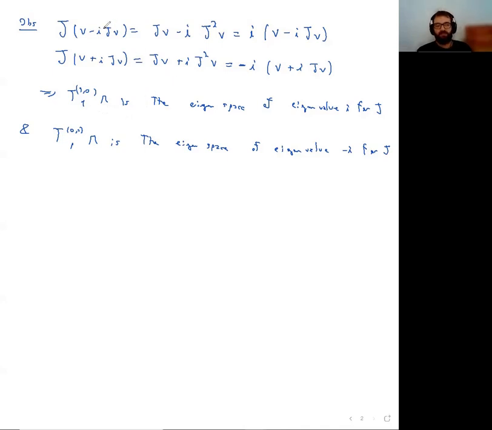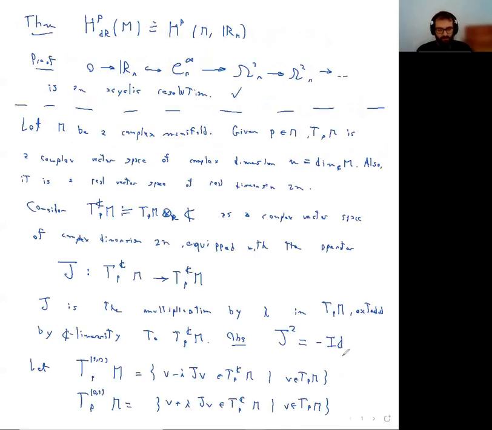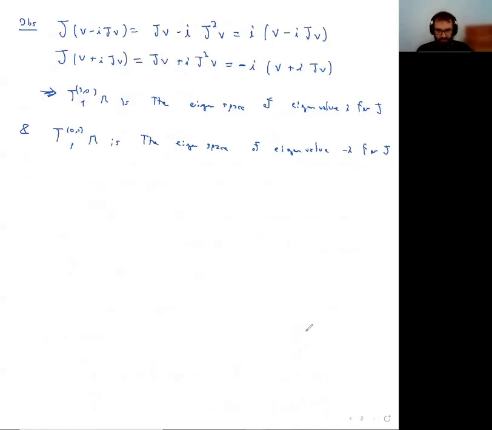It's not just this V minus iJV. This implication, of course, is not complete, in the sense that this proves only that T^{1,0}M, for instance, is contained in this eigenspace.